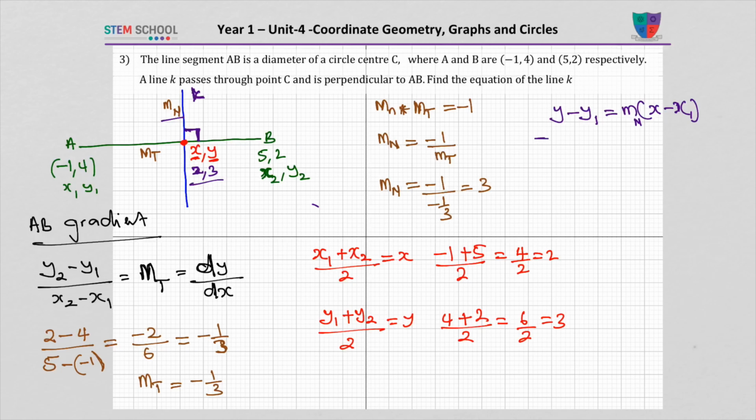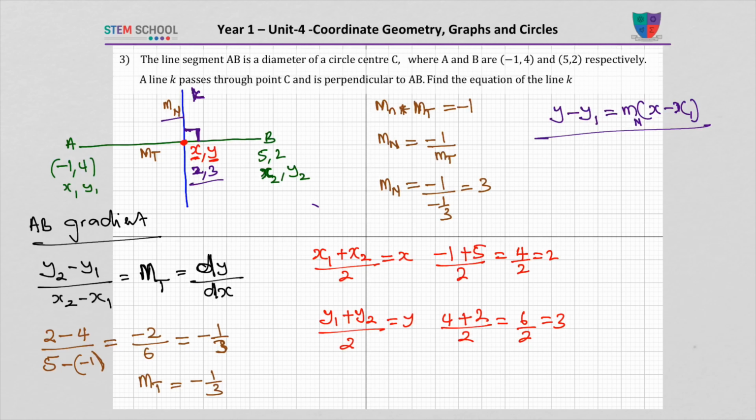That's the formula I'm going to use. With this formula, my y1 is 3 and my x1 is 2, and it's got a gradient mn. I can now find the equation.